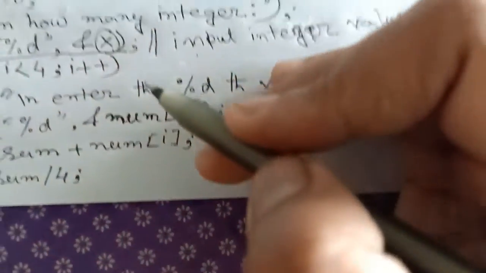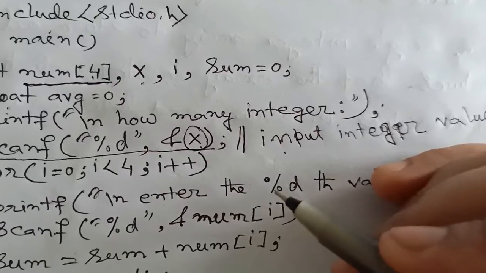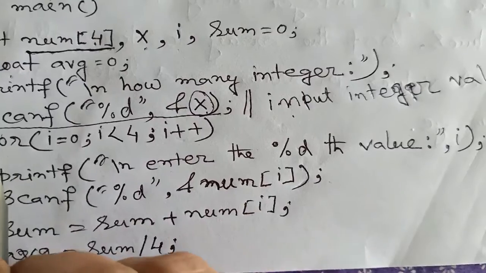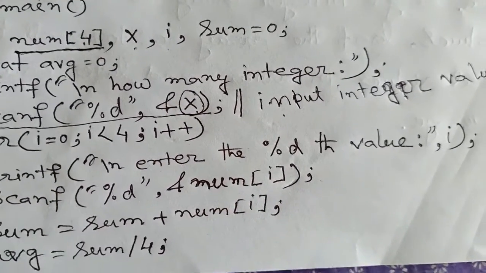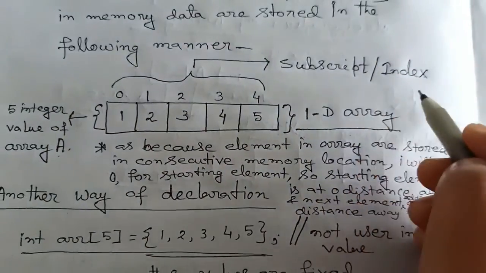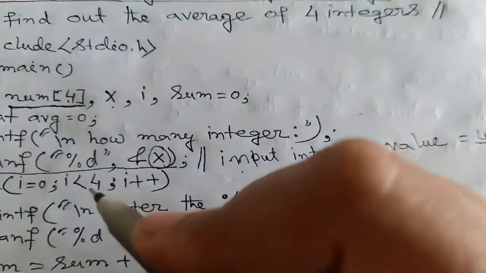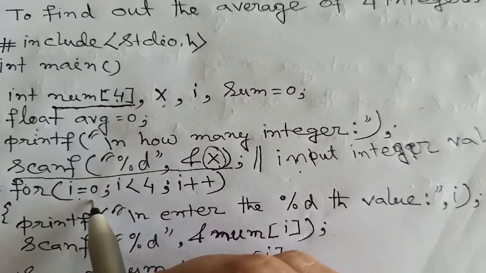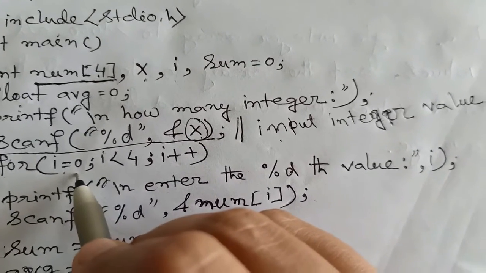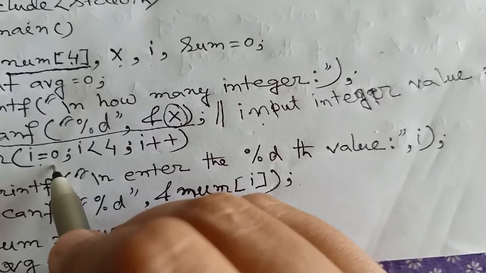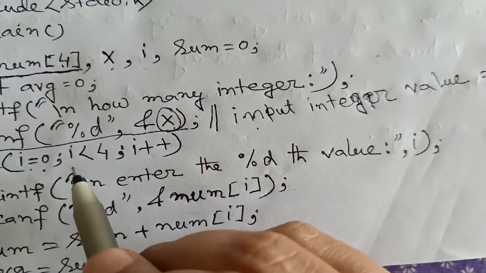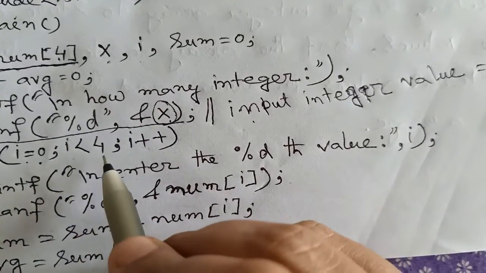So next we have to take the user input integer values. For that purpose we start the for loop, which also mentions the subscript or index. We write for i equal to 0, because previously we learned that the subscript or index starts from 0, and i is less than 4.